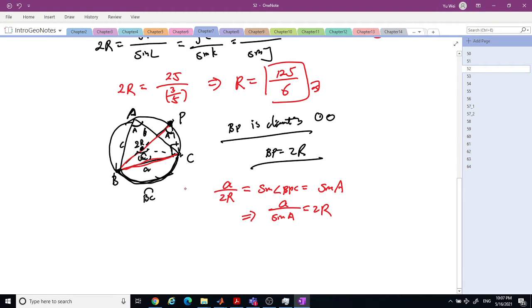So this is the extended law of sine. That's why we have a over sine A equals b over sine B equals c over sine C equals 2R.